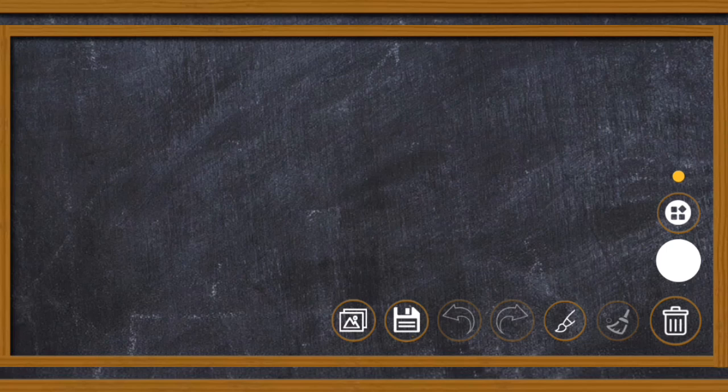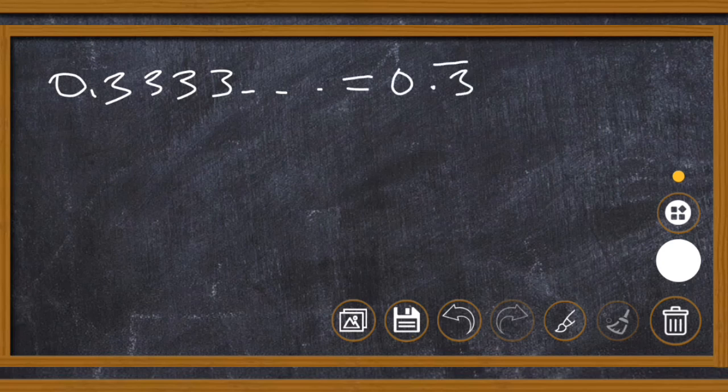However, a repeating decimal number can also be represented using a very simple symbol called a bar. So instead of writing 0.3333, we can write this by simply representing the repeating numbers with a bar on top. If we have a bar on top, it means that the figure underneath is repeating itself.